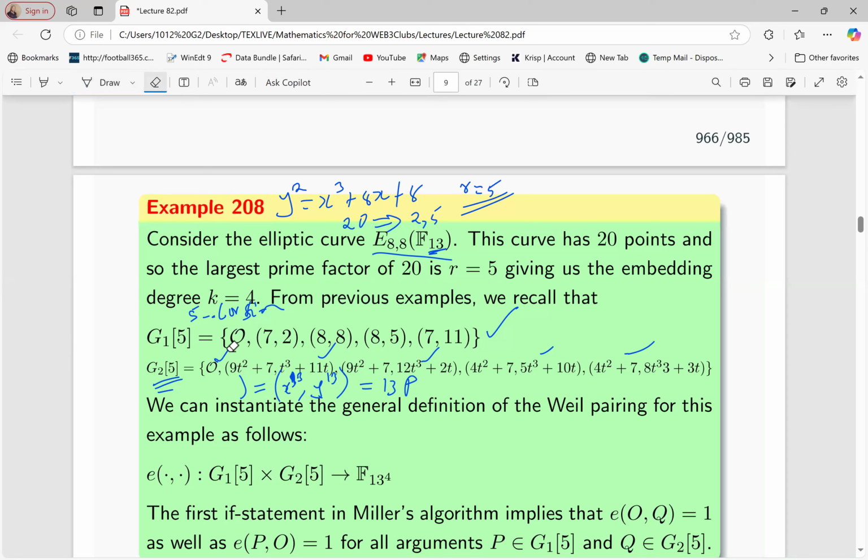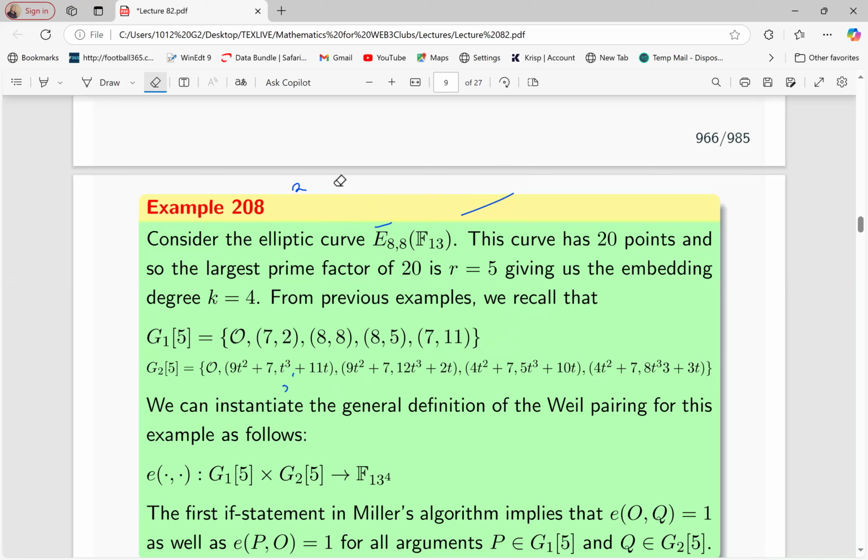Now, we want to do Weil pairing. Weil pairing means we choose one point from group 1 and one point from group 2, and then we do pairing and see whether we can get, not a point this time, but an element of GT, our target group. We don't get a point, we get an element of the target group.